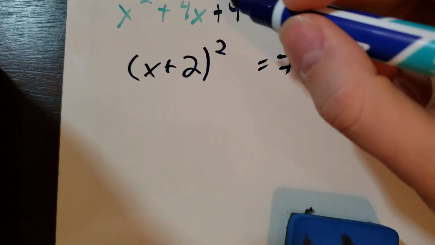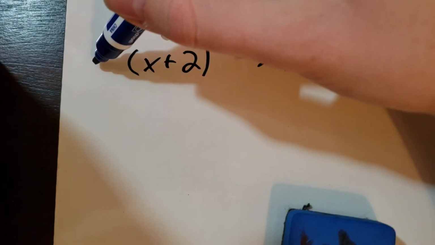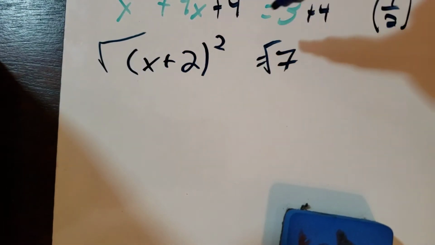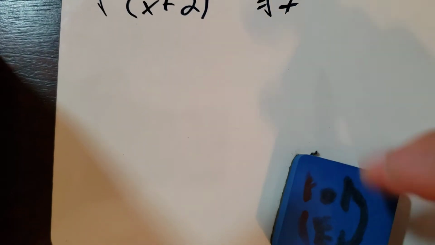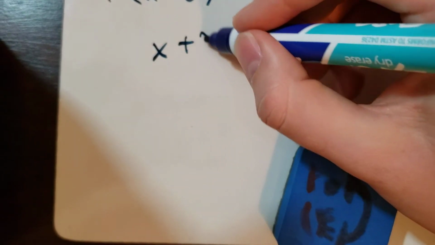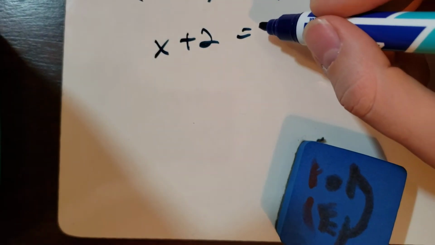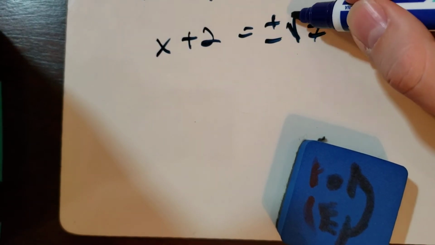So then what I'll do is I'll take the square root of both sides to get rid of this guy, because I'm solving for x, right? It's going to give me x plus 2 equals plus or minus the square root of 7. We don't know the square root of 7.